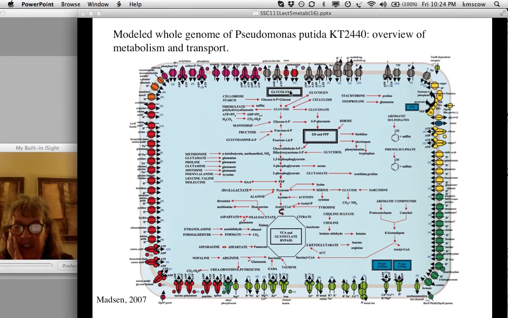And just so you feel comfortable, there's glycolysis going to pyruvate and the TCA cycle, and you can see exactly the same things that we were looking at, but this is actually a model of the whole genome of a Pseudomonas, where they sequenced all the genes for all those different processes we were just looking at.